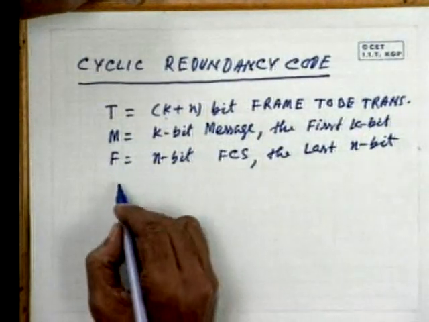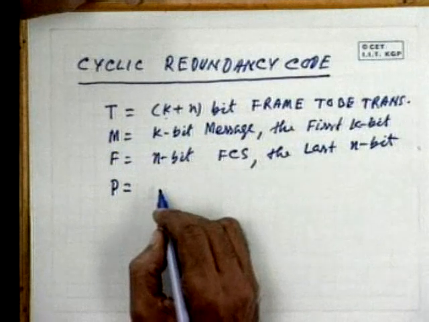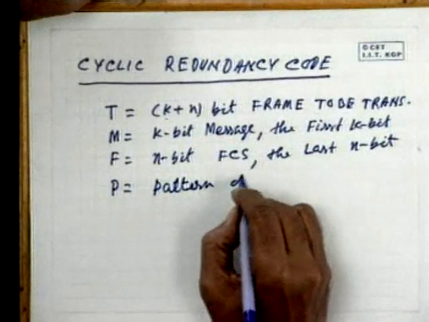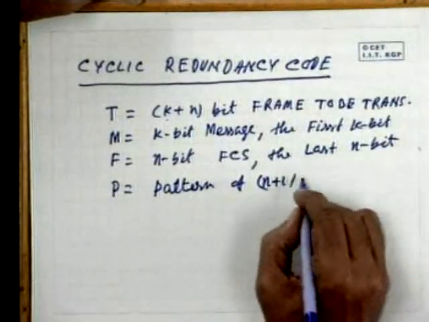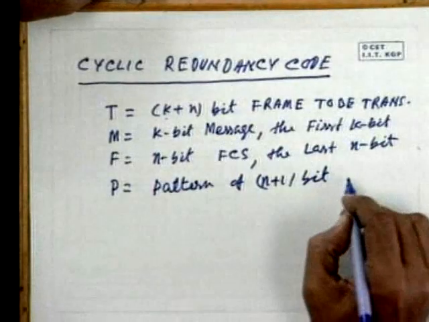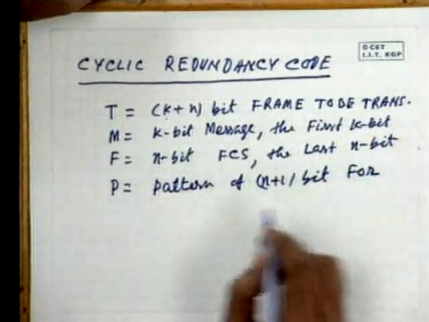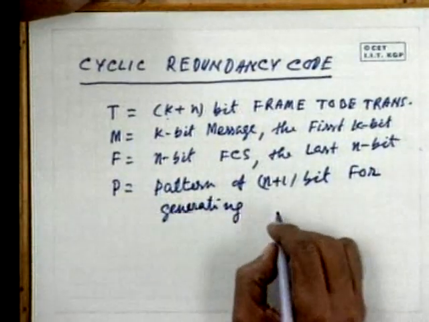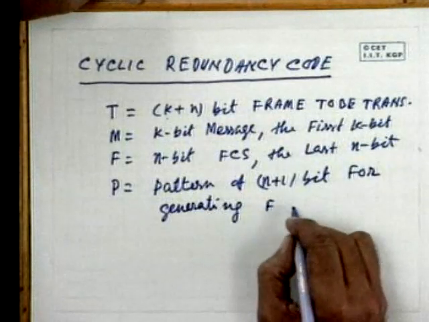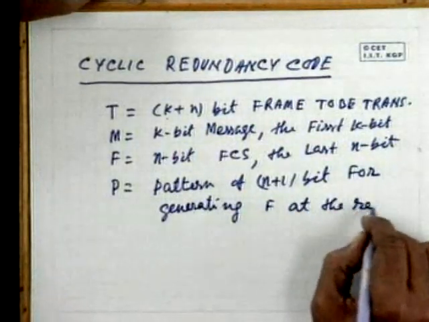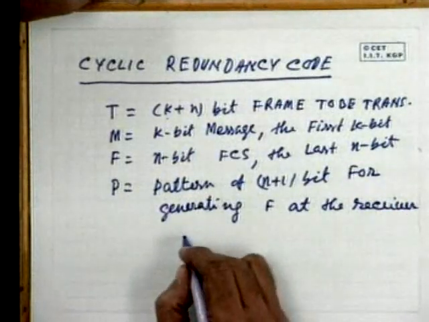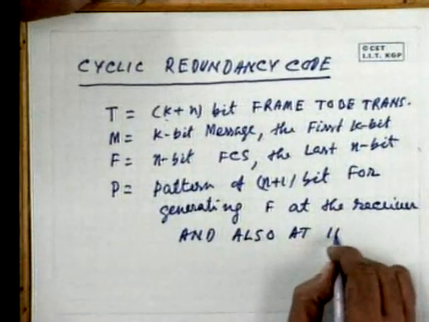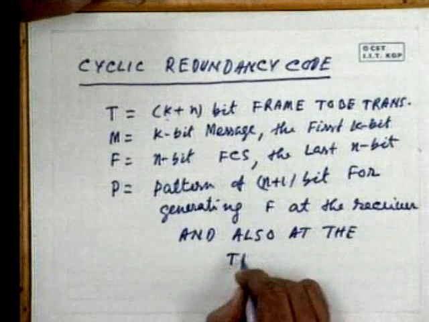And to do that, we will be using a predetermined pattern comprising n plus 1 bits for generating F, at the receiver and also at the transmitter.